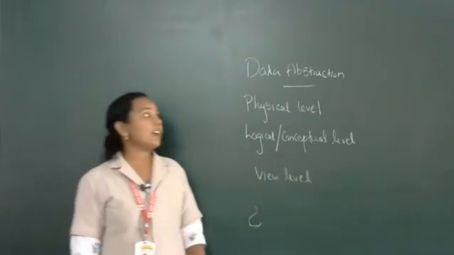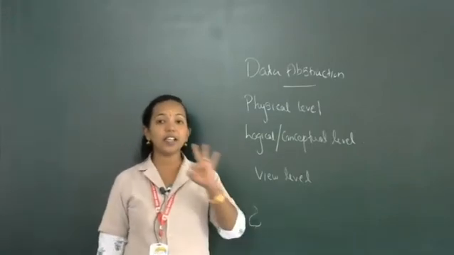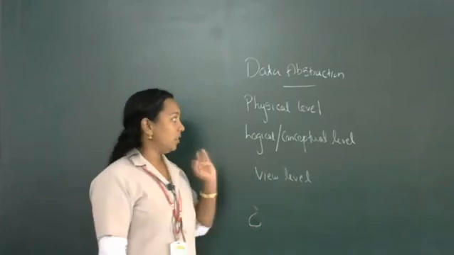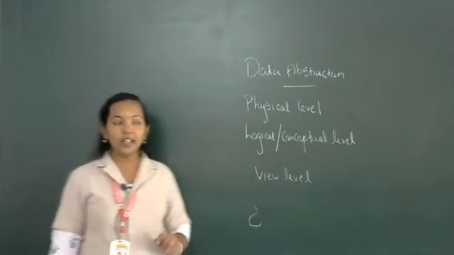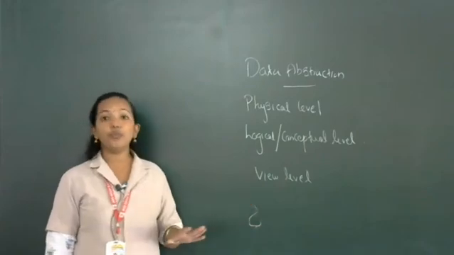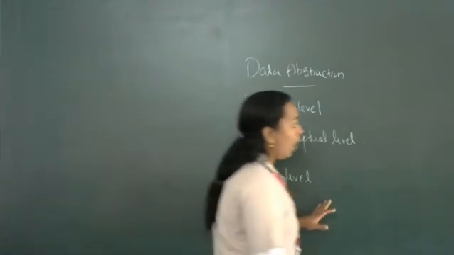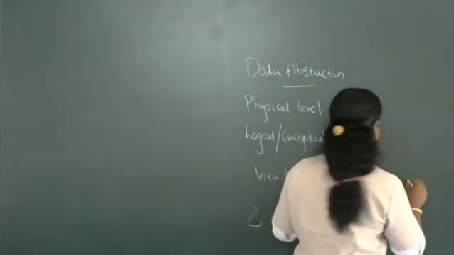DBMS, for database implementation or data abstraction, provides 3 types of level: physical level, logical or conceptual level, and third one is view level. So with the help of a figure I will explain how these are interconnected.